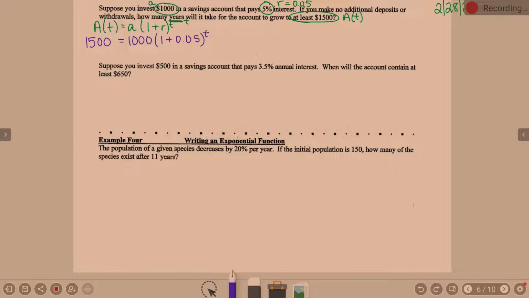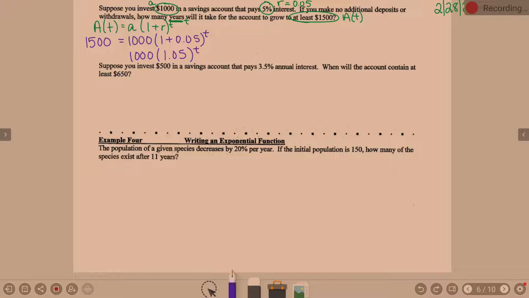Now, there's one little small bit of cleanup we can do there, yes? Within the parentheses, what is 1 plus 0.05? 1.05. So this is going to be 1,000 times 1.05 raised to the power of T.